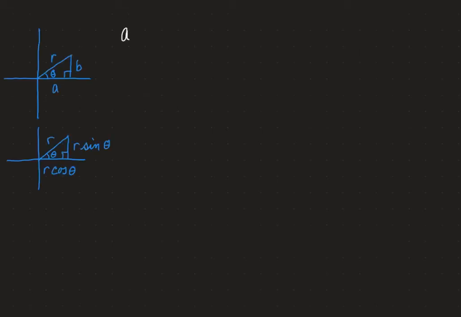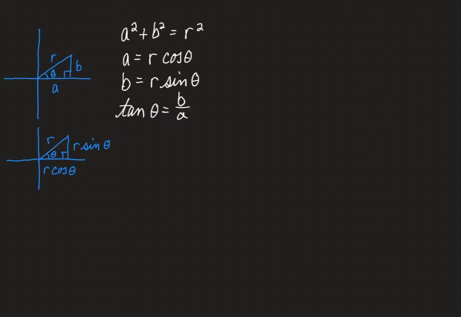Looking at our first triangle and remembering our Pythagorean theorem, we can say a squared plus b squared equals r squared. Remembering our trigonometry and comparing the upper triangle to the lower triangle in the pictures I drew over there, we have a equal to r cosine theta, b equal to r sine theta, and the tangent of theta equals b over a, using the absolute value of that ratio, of course.